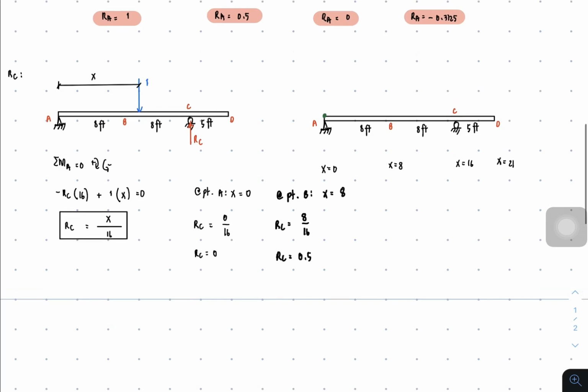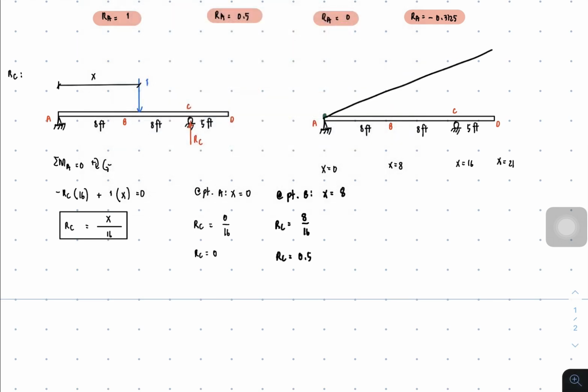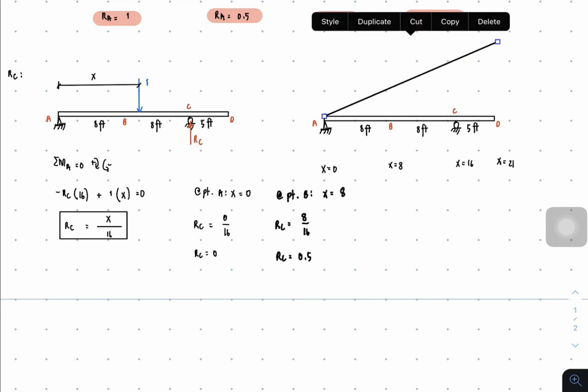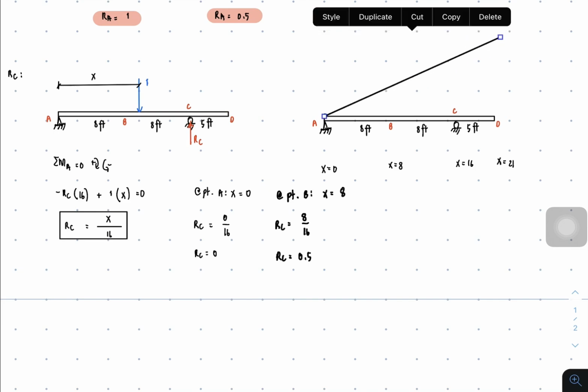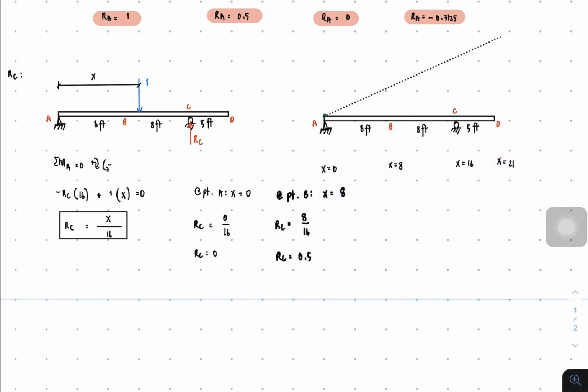Same thing, we will be making a temporary line, and that should be a broken line. And then I'm going to plot 0.5.